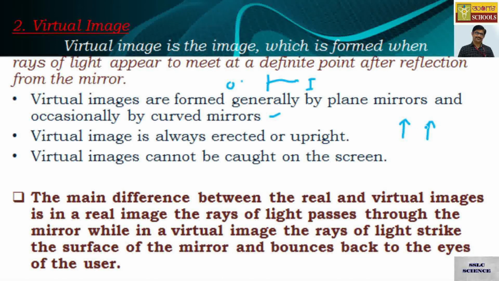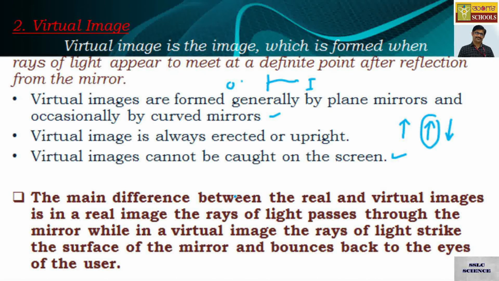Unlike a real image, which is inverted like this, in this case it is always erect. It appears as if it is the object. And virtual images cannot be caught on the screen. So this is about virtual image.